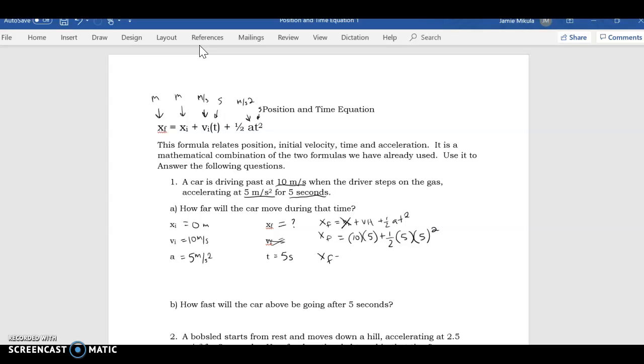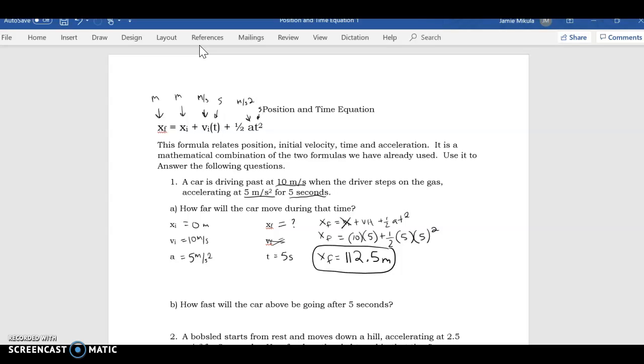So xf is going to be, I'm going to put that in my calculator, 10 times 5 plus 1/2, I just put 0.5 in my calculator, times 5 times 5 again, and close my parentheses and square it. I get 112.5. 112.5 meters. That's going to be xf.